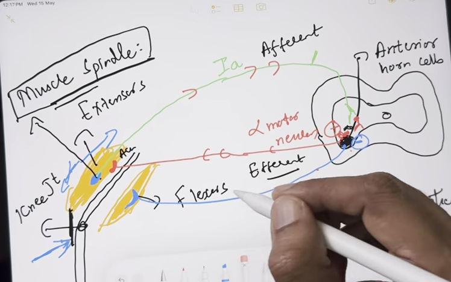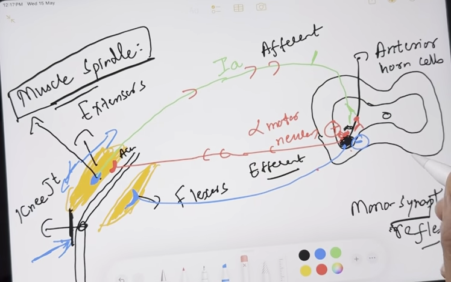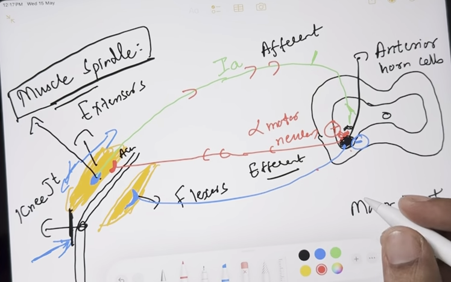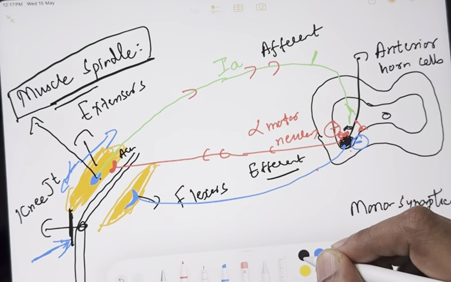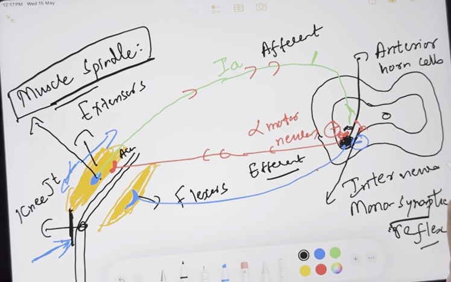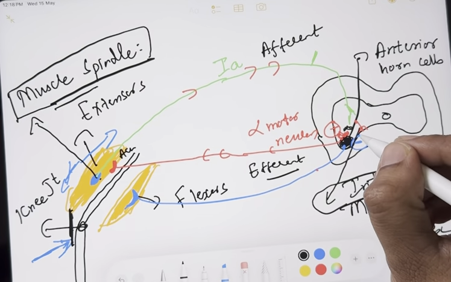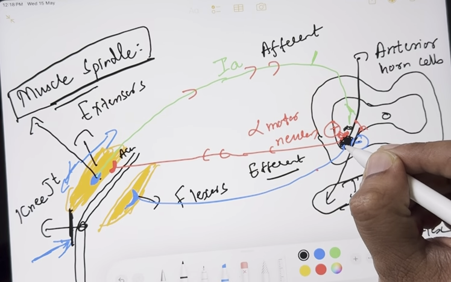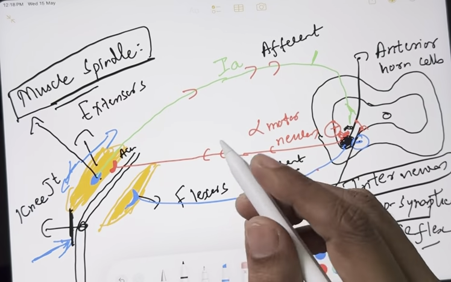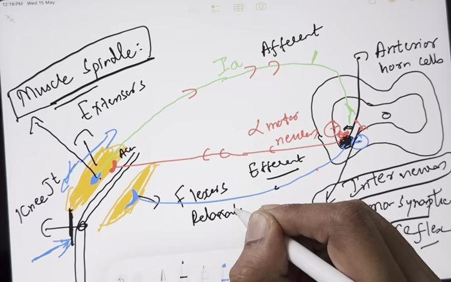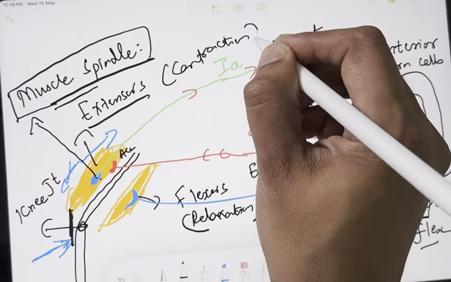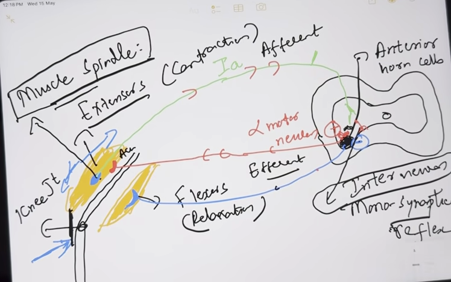This inhibition is due to this small red interneuron which I am highlighting here. This interneuron will inhibit the alpha motor neuron supplying the flexor muscles. Simultaneously there is relaxation of the flexor muscles and contraction of the extensor muscles. This is how a normal reflex takes place.